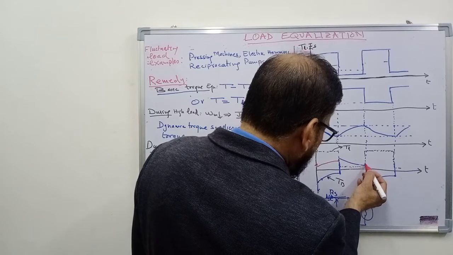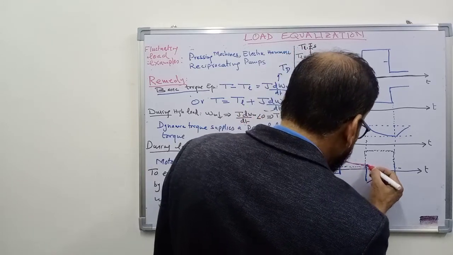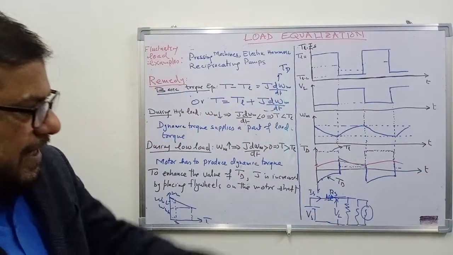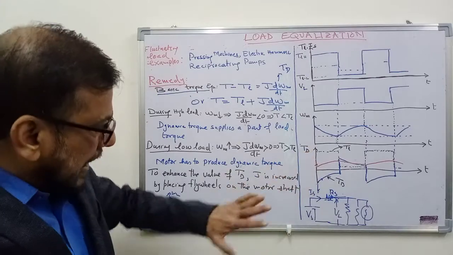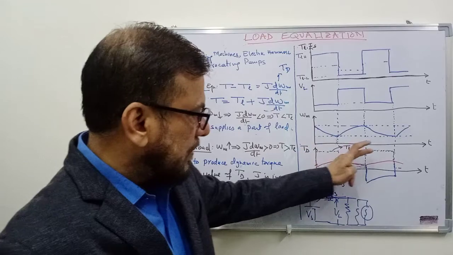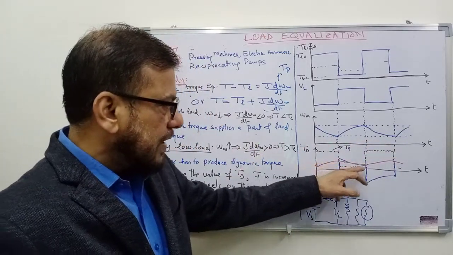So at this point, you will get a torque like this. So in that way, if a dynamic torque was not present, then the motor would have to produce this torque. But because of dynamic torque, this is like this.